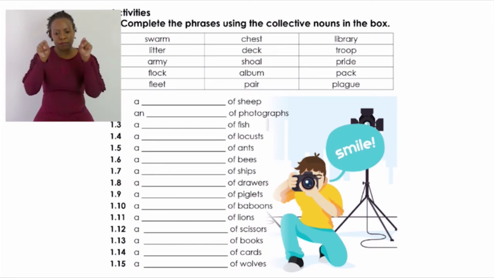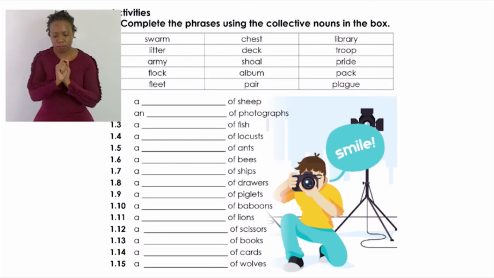Right, the collective nouns in the box, we have swarm, litter, army, flock, fleet, chest, deck, shawl, album, pair, library, troop, pride, peck, and plug. So you choose one to complete the phrases which are shown.